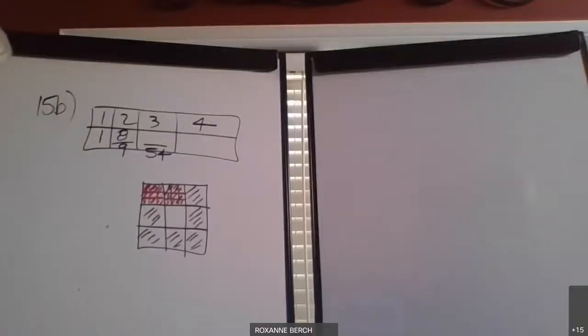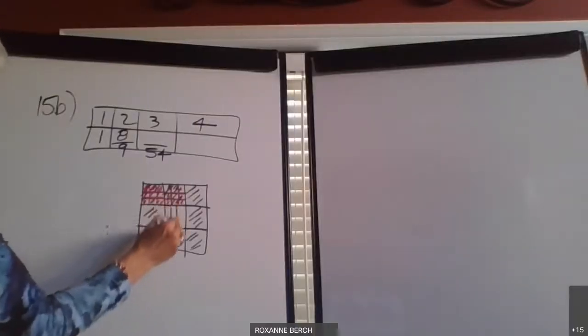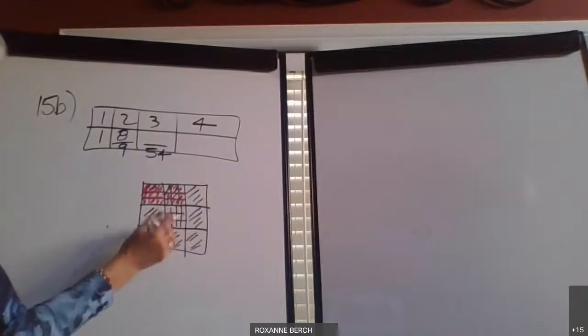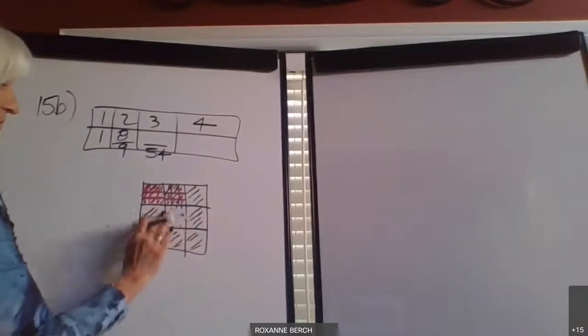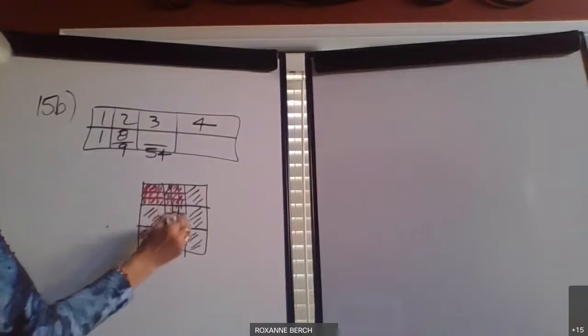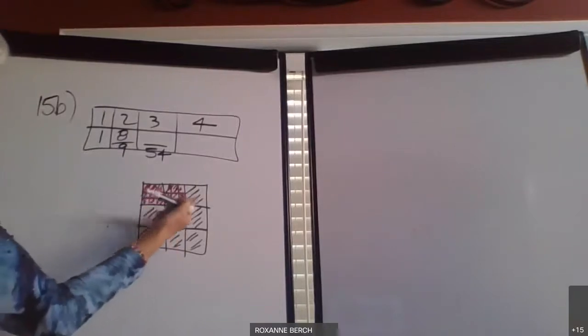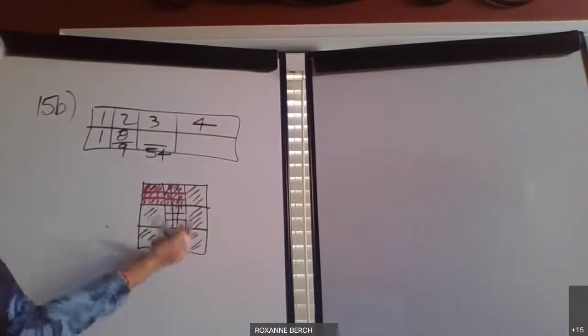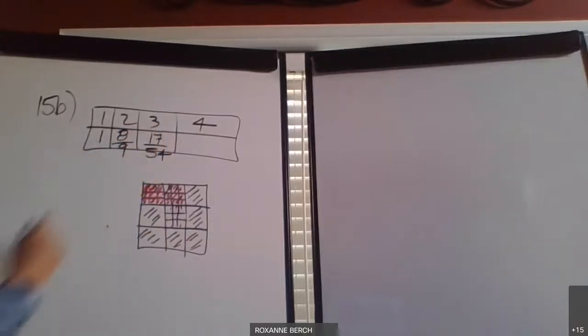Everything but, there's 9, 10, 11, 12, 13, 14, 15, 16, 17, right? Is that correct? Check for me, please, because I'm not counting, so you guys can count.